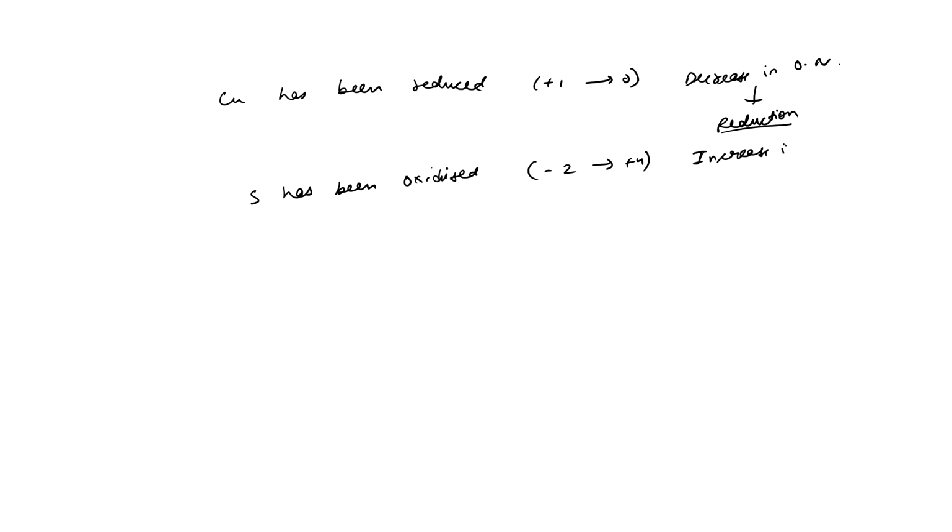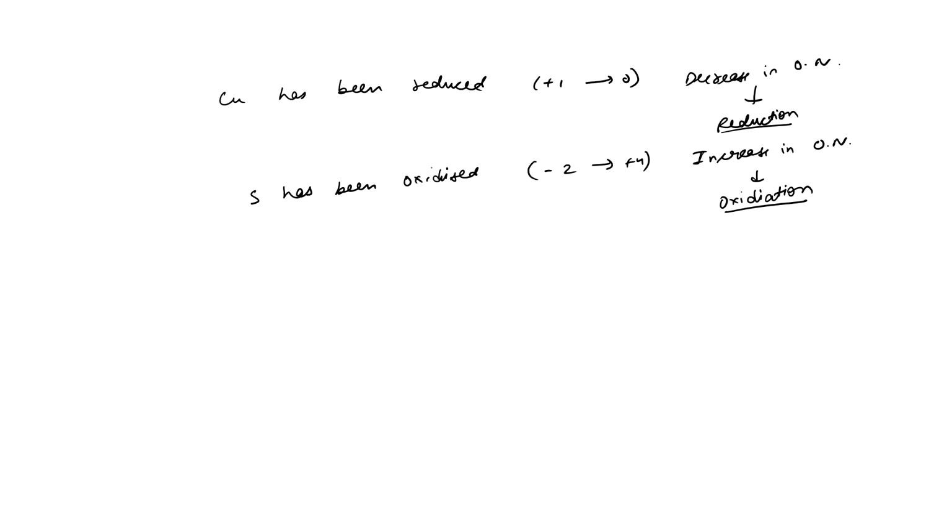That means you can also describe the oxidation and reduction process in terms of oxidation number. If the oxidation number is increased, it is oxidation. If the oxidation number is decreased, it is reduction.